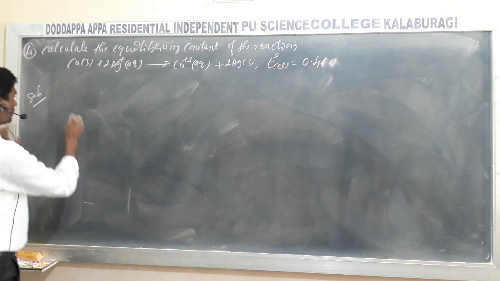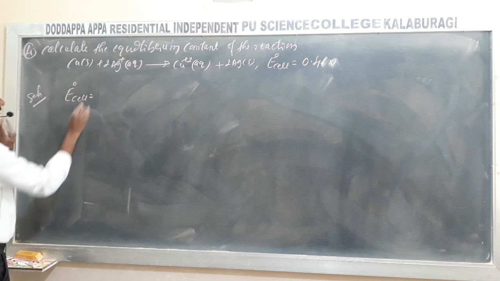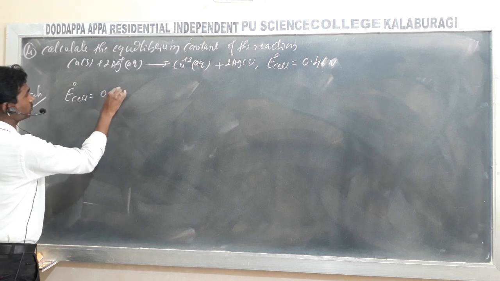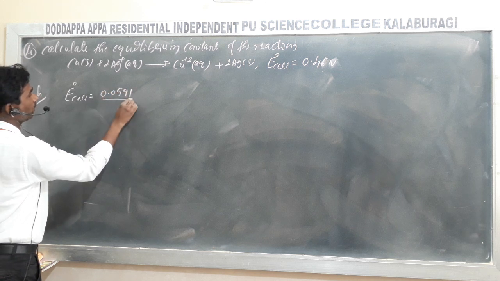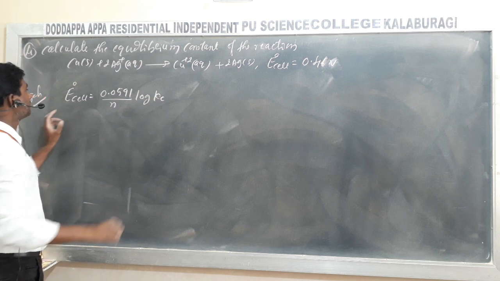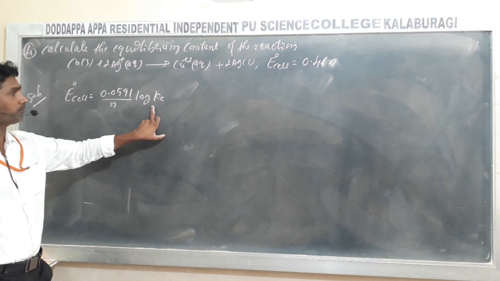What is the expression? E naught of cell is equal to 0.0591 divided by n, log of Kc. This is the relationship between EMF of a cell and equilibrium constant.